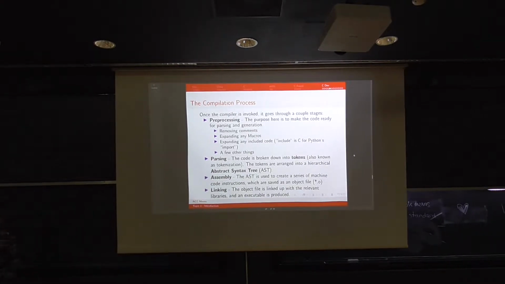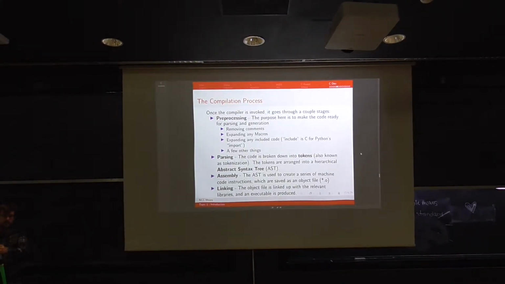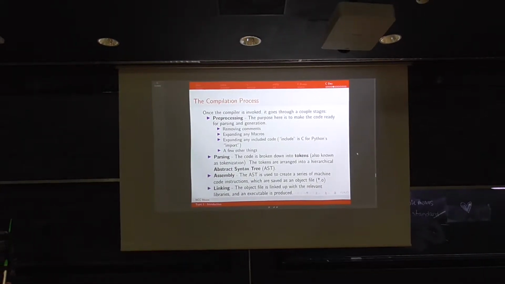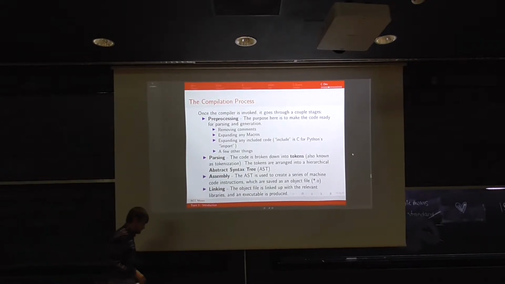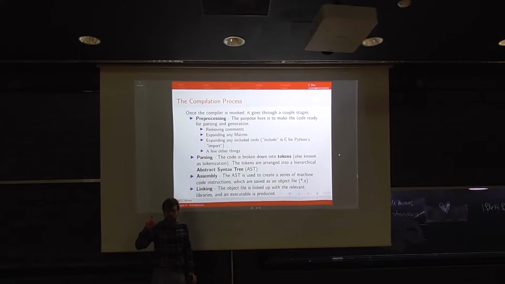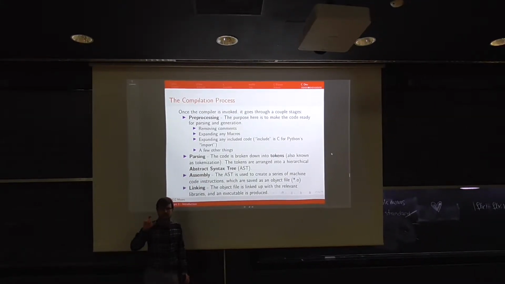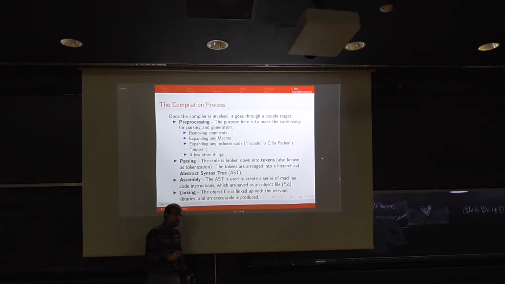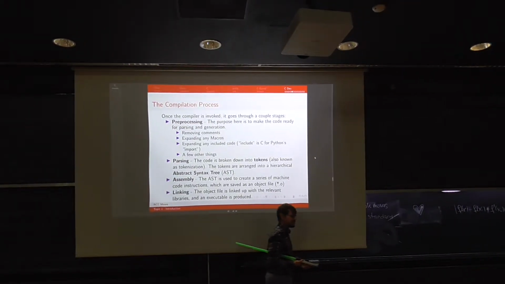Again, I had a question about this after class, so I want to reiterate this very, very clearly. A C program, once compiled, does not require any exterior environment to run other than the operating system.